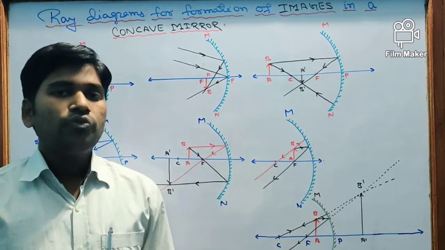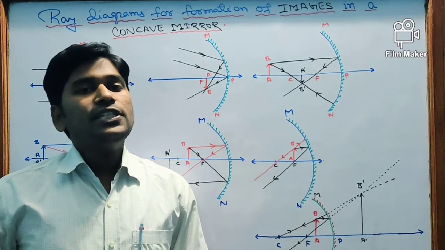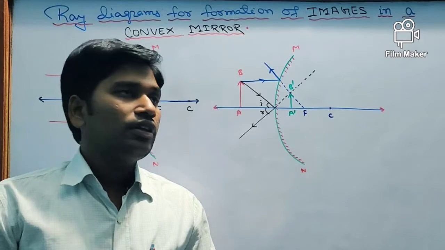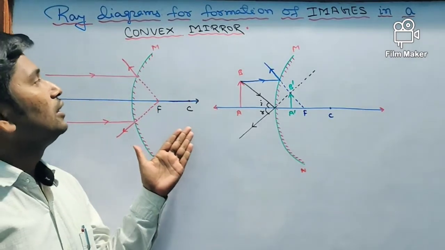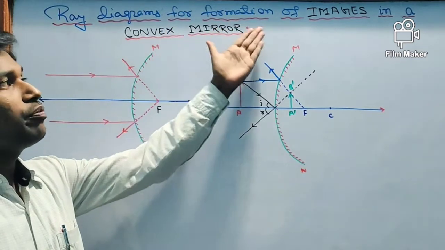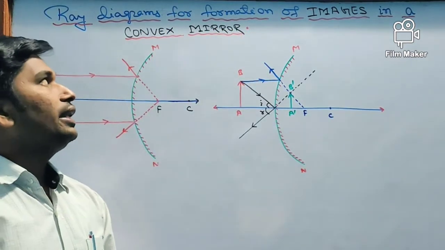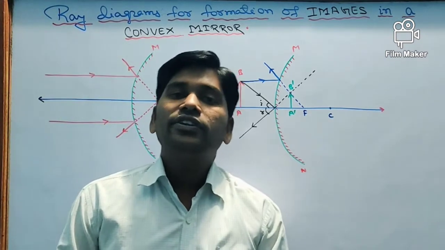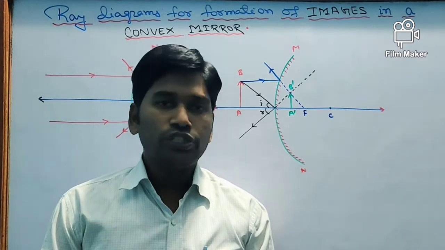Now we will see the image formation by a convex mirror. Let us see the ray diagrams for formation of images in a convex mirror. So in convex mirror, we have only two positions.